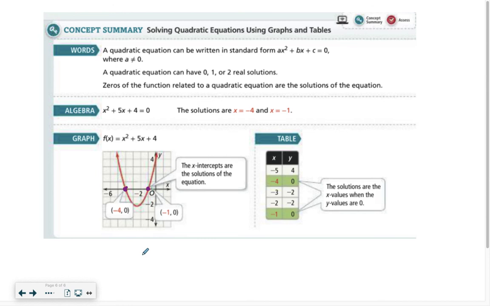Something I'm going to remind you, a fast way to rule out 2 of your answers is to look whether it opens up or whether it opens down. Remember, if x squared is positive, you have a graph that opens upwards. If you have a negative with your x squared, that is going to open down.